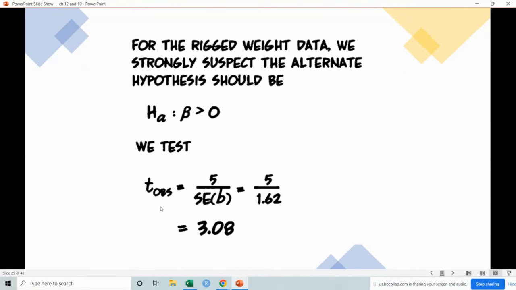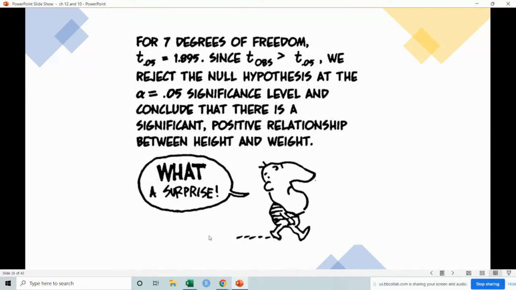So we test that. T observed, we have 5 divided by 1.62 standard error, we get 3.08. For 7 degrees of freedom, t.05 equals 1.895. Since the t observed is greater than t.05, we reject the null hypothesis at the alpha equals 0.05 significance level. We conclude that there is a significant positive relationship between height and weight.